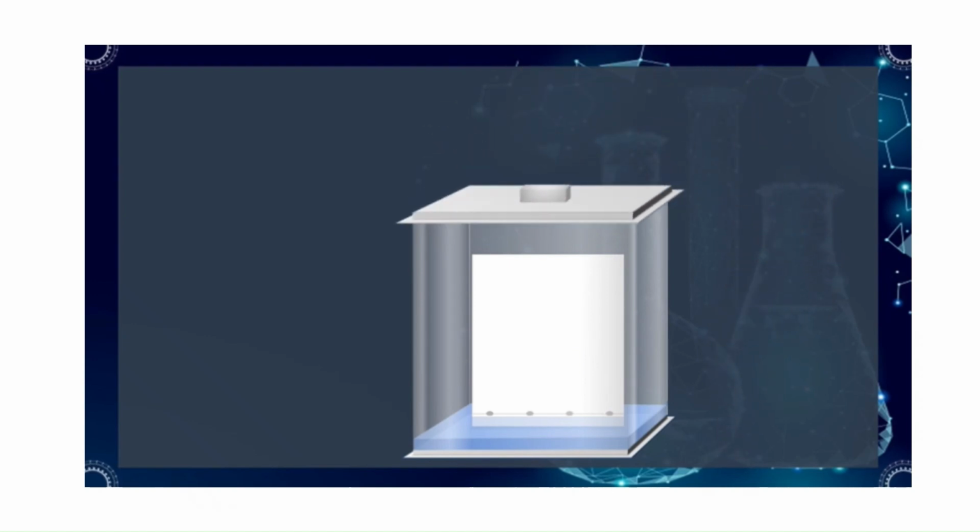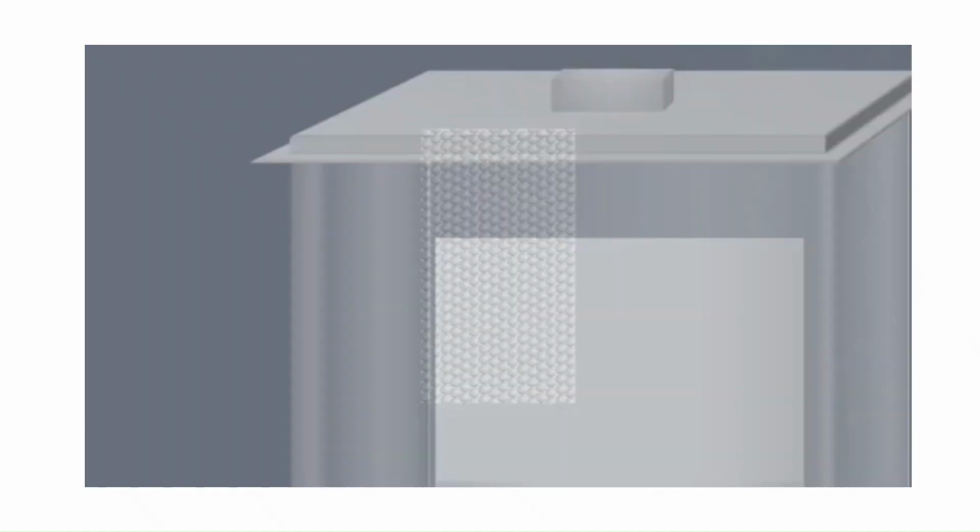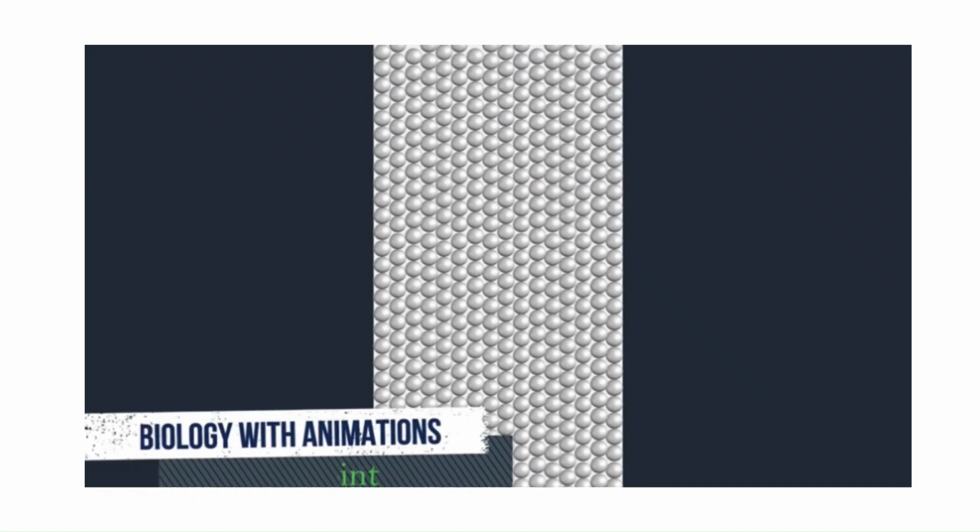And now the development phase. In the development phase, the prepared TLC plate is placed vertically into the developing chamber. The solvent must remain below the baseline, otherwise the sample may dissolve directly into the solvent.